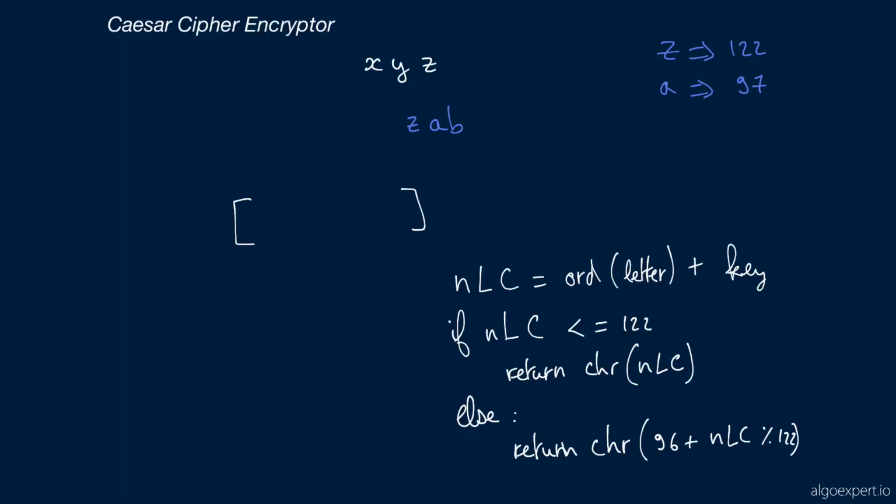Or rather, actually, let's not do 53. Let's do 54. The reason we do 54 is because 54 would give us the same answer here, right? XYZ with the key 54 would turn into ZAB.